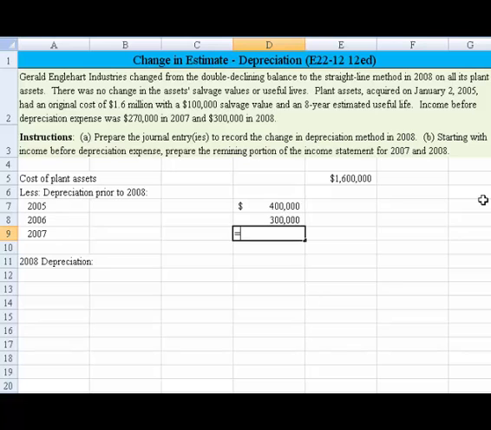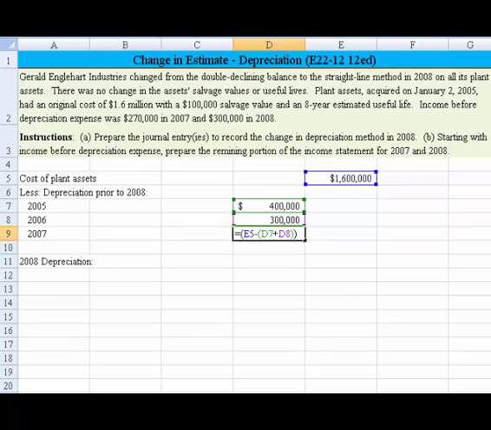Okay, in 2007, we need to take the $1,600,000 less the $400,000 less the $300,000, but I prefer to do it minus the combination of the depreciation taken to date. So right there is just going to be the book value at the beginning of 2007, which is $900,000.